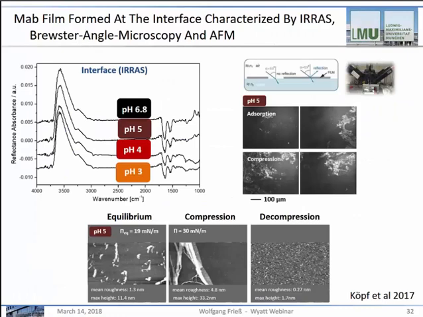In addition, we checked the pH effect, and we don't see a pH effect on the IR spectra. We also did not see a clear effect on the right-hand side, in Brewster angle microscopy, which enables you to see changes in the film at the surface at, let's say, a larger level.